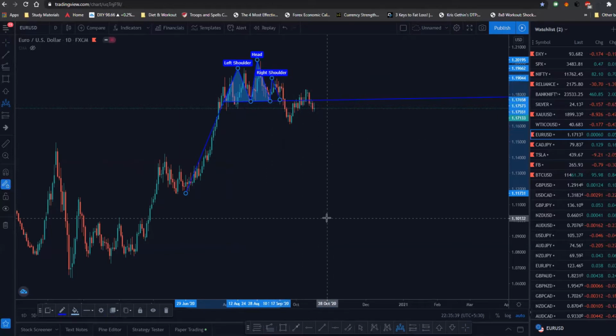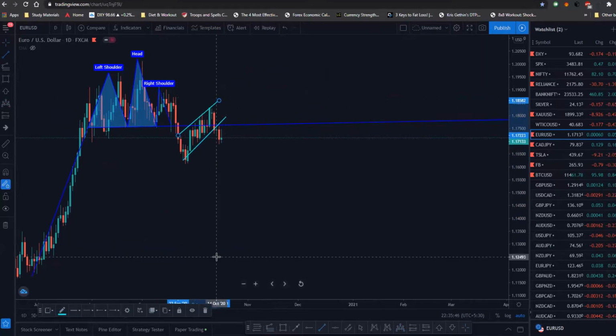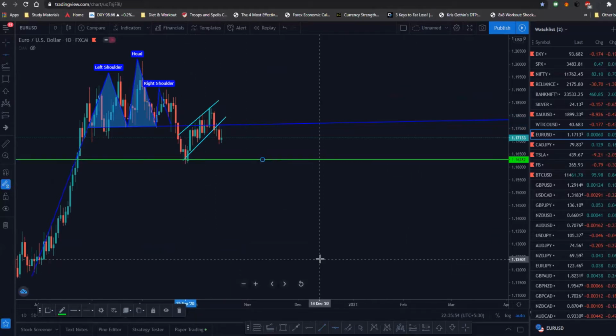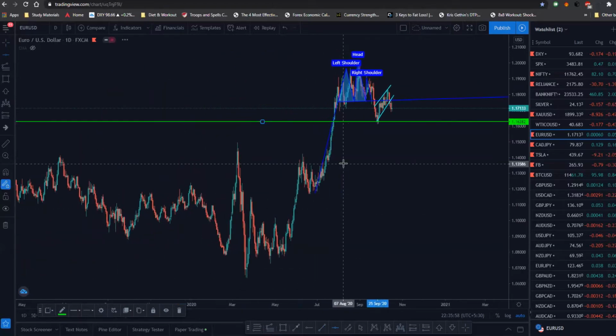We got our pullback, and how we did the pullback is with a good flag pattern, and we have a breakout. So I'm expecting the market to reach and test at minimum this level, that is 1.16282. It can come even further down, most probably till here.